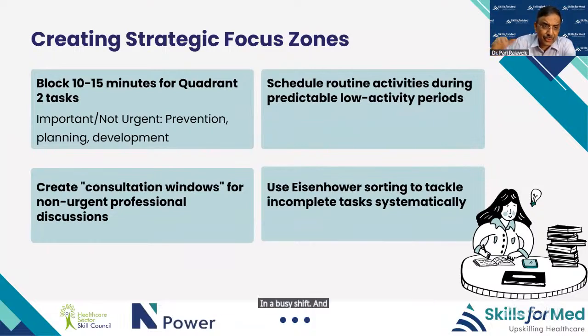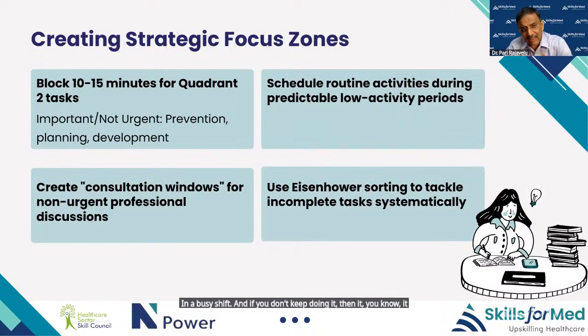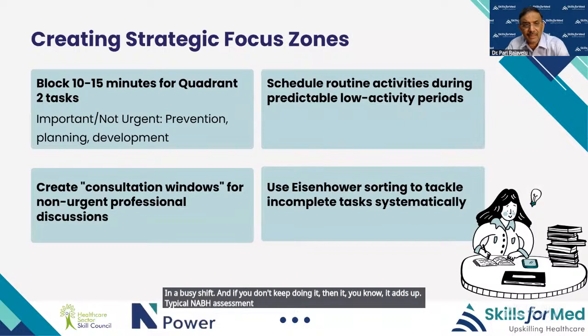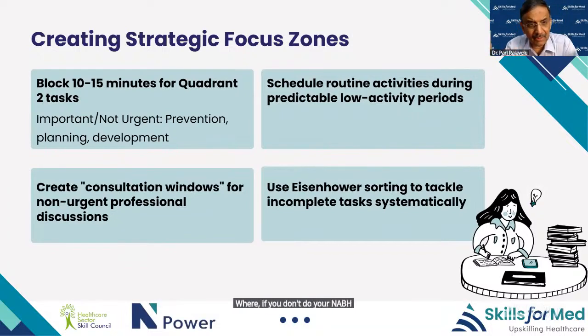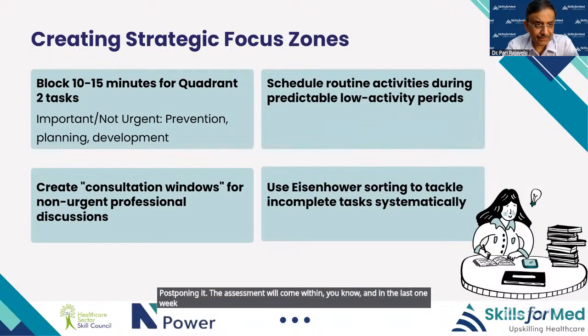If you don't keep doing them, then it adds up. A typical NABH assessment is a very typical example, where if you keep on postponing your NABH tasks, the assessment will come, and in the last 1 week you're running around.